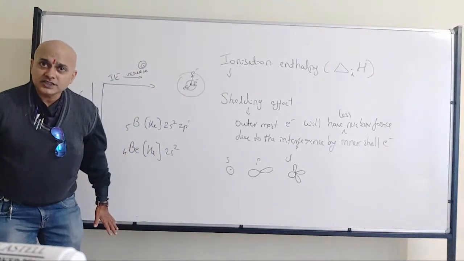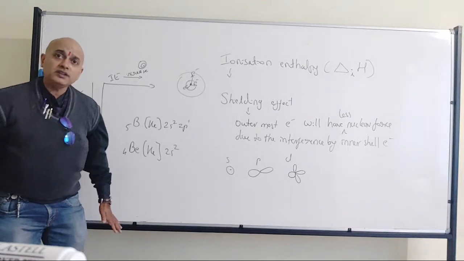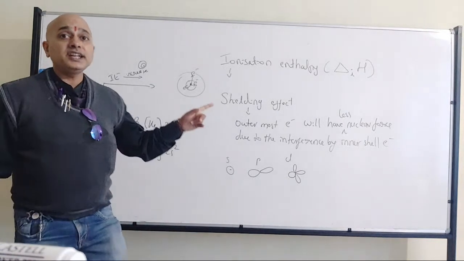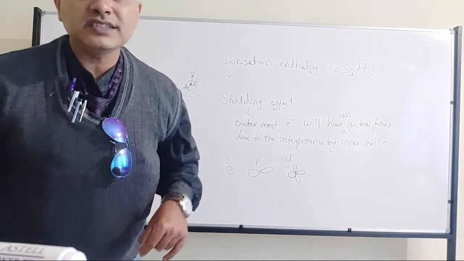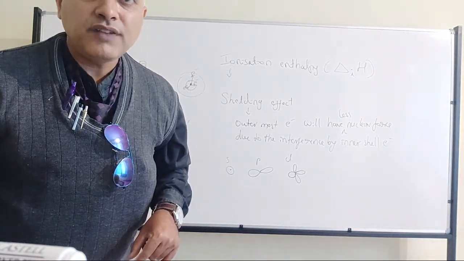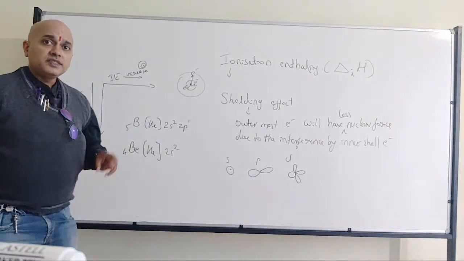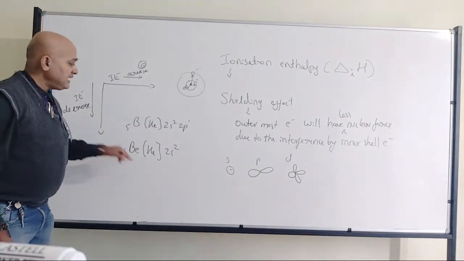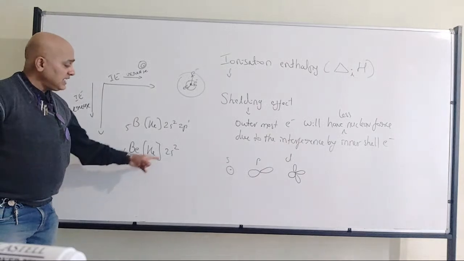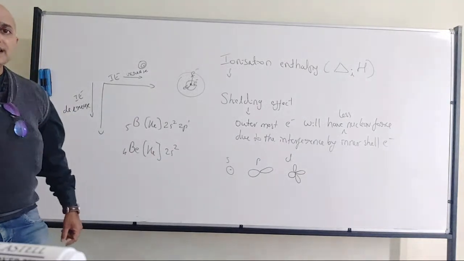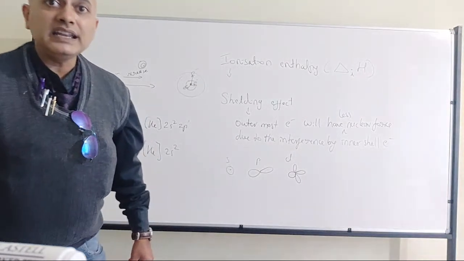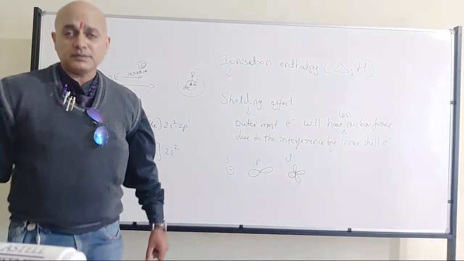All of you have understood? Any doubt? So that's where we have the shielding effect. You have to understand this concept. Fine? Now if you observe beryllium, we have the outermost energy level as 2 and the electrons are present in the S subshell.